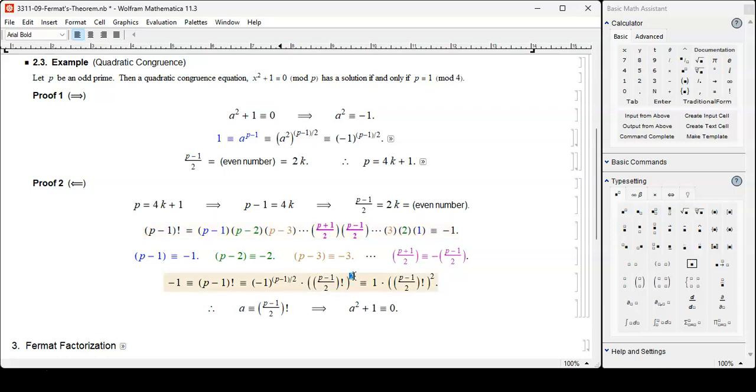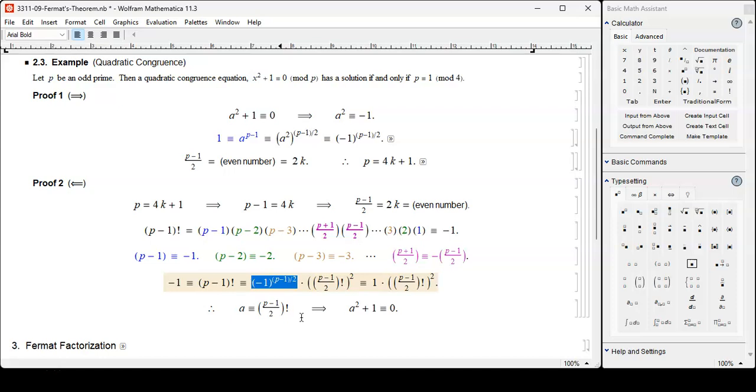So what do you get? We get this factorial squared. And then we have a bunch of negatives right there. So we get negative of, well, how many terms are there? 1, 2, 3, 4, up to p minus 1 over 2. Yes, p minus 1 over 2. There are that many negatives out there. But then again, p minus 1 divided by 2 is an even integer.